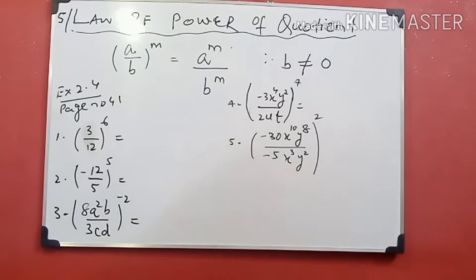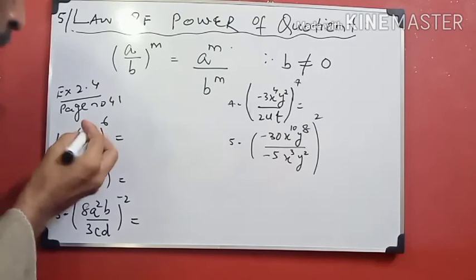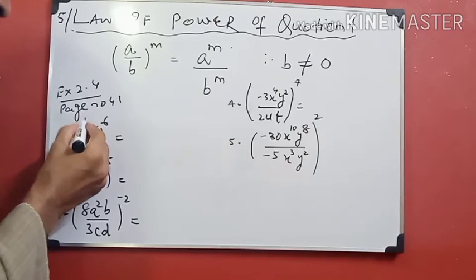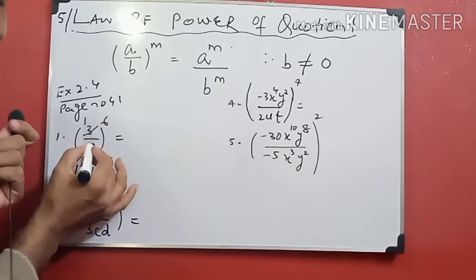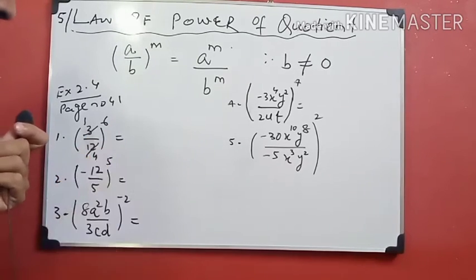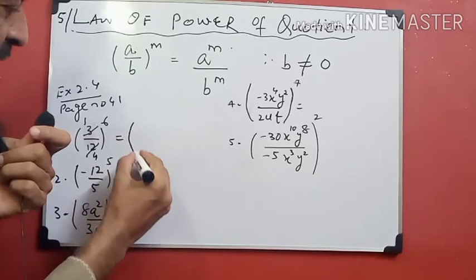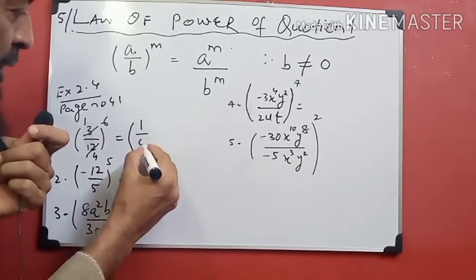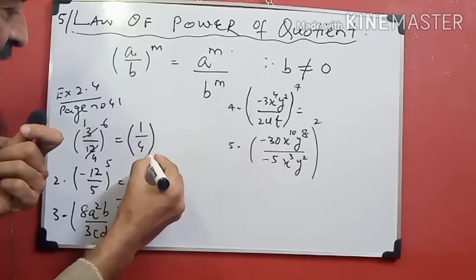Therefore, in the first step, we cancel 3 and 12. Three ones are 3 and 3 fours are 12. This question comes as 1 upon 4 raised to power 6.